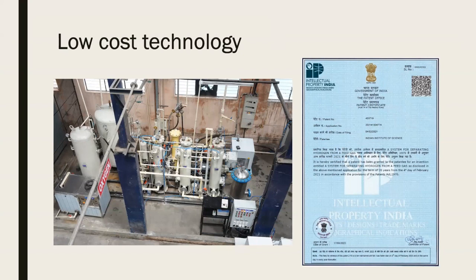This is what we define as green hydrogen, and we have received a patent for this from the government of India. We are now trying for a patent in the US as well as Europe. But this was a technology which we developed, and then the knowledge base was developed.